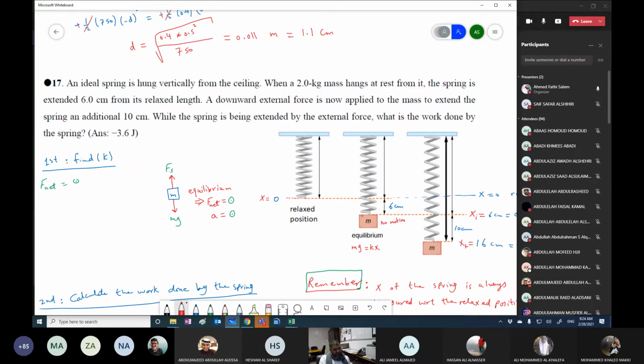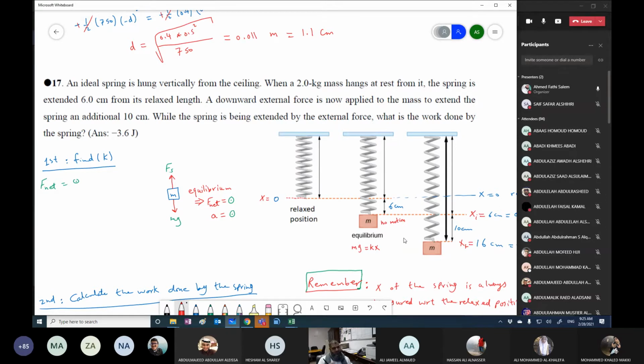So why is this mass in equilibrium? Why is it not moving? Why is it not falling downward, even though mg is pulling it down? But the spring is pulling it upward. So these two forces are equal. So we'll say that mg is equal to kx.